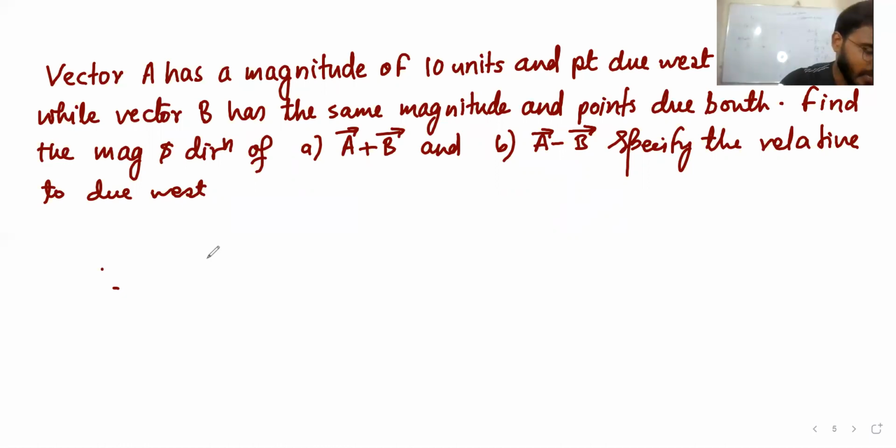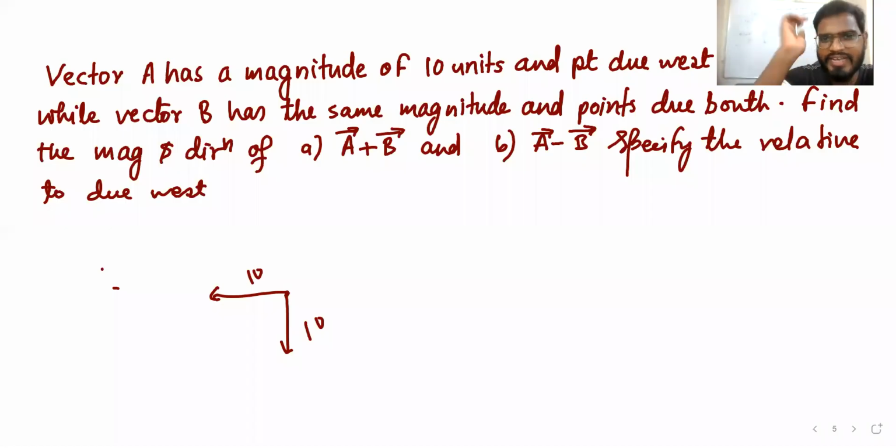If you see, vector A has a magnitude of 10 units, right? It points towards west. While vector B has the same magnitude and is due south, right?